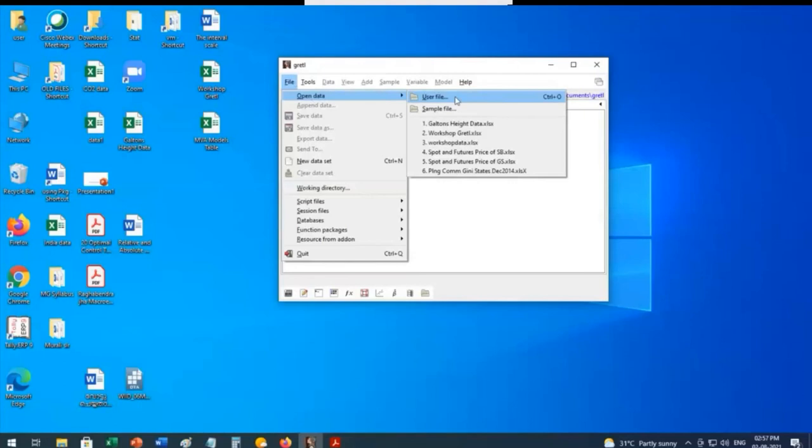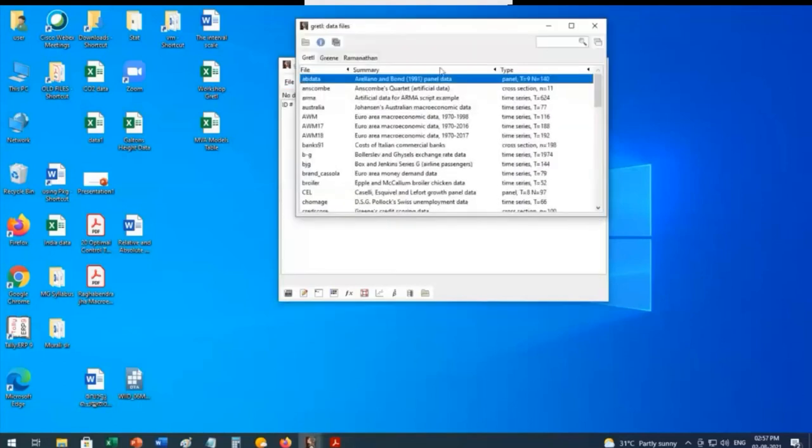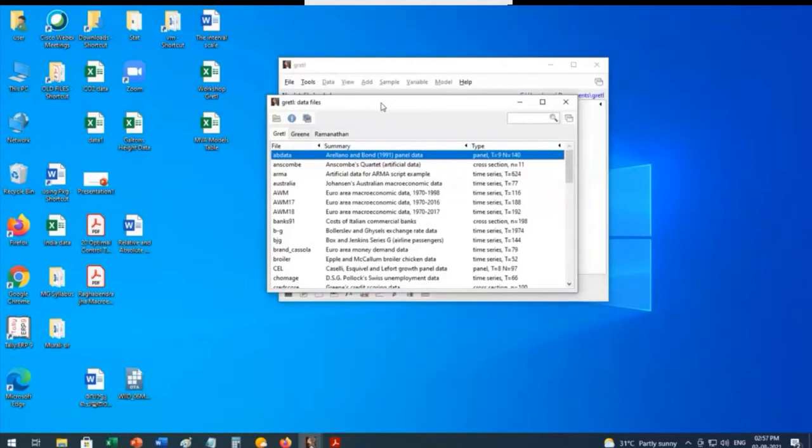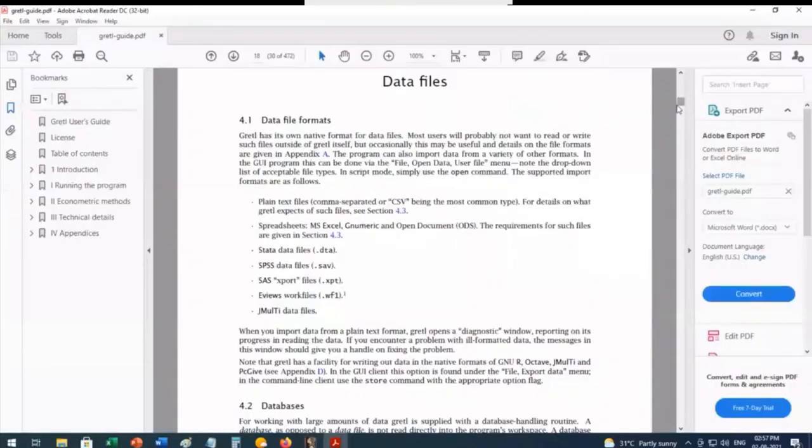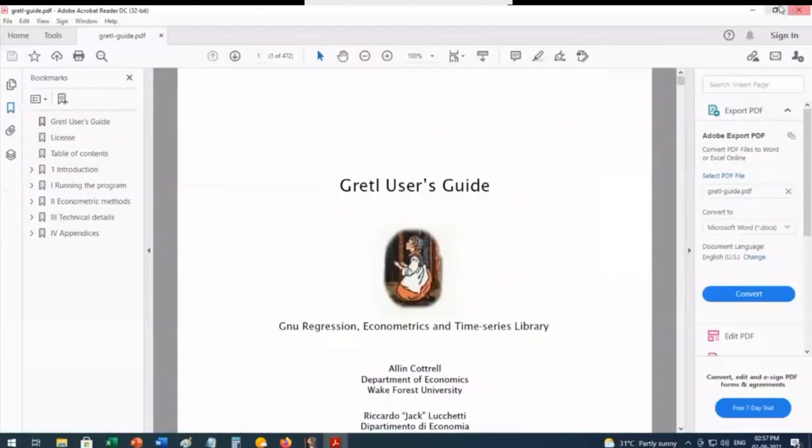Okay. So Gretl has used a large number of data sets in its guide, the Gretl guide. You remember this one, the Gretl uses guide. So all the data sets used by Gretl in the Gretl uses guide are given here.